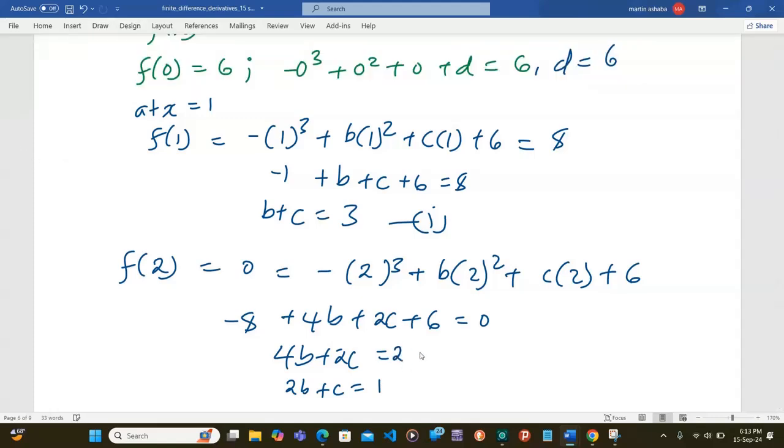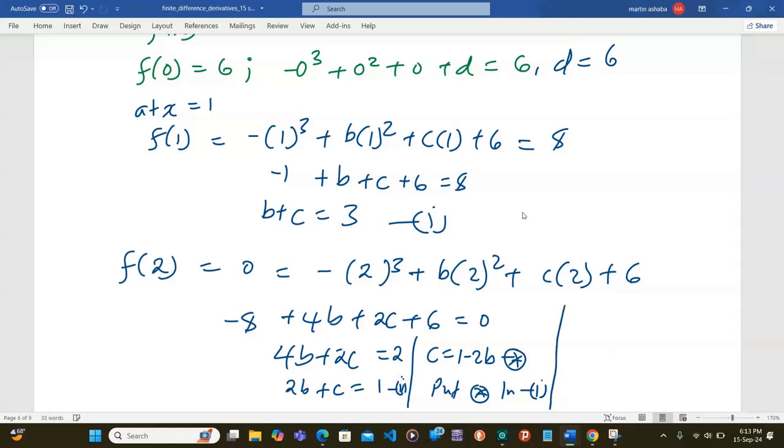This is equation 2, but I can make c the subject so that my c is equal to 1 minus 2b. And I put this star in equation 1. What does that become?